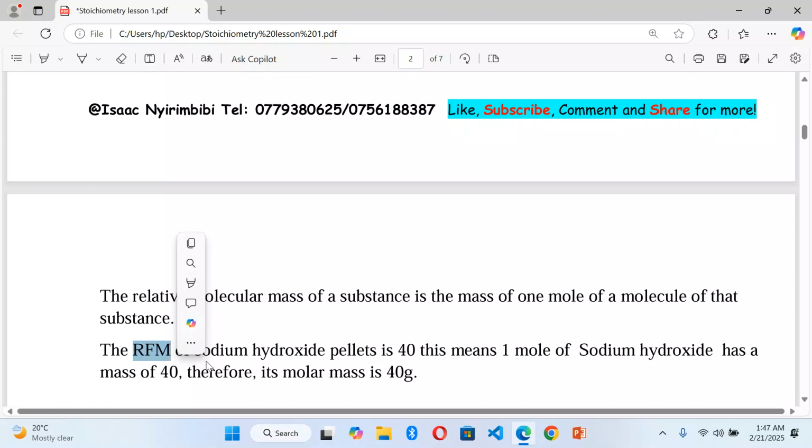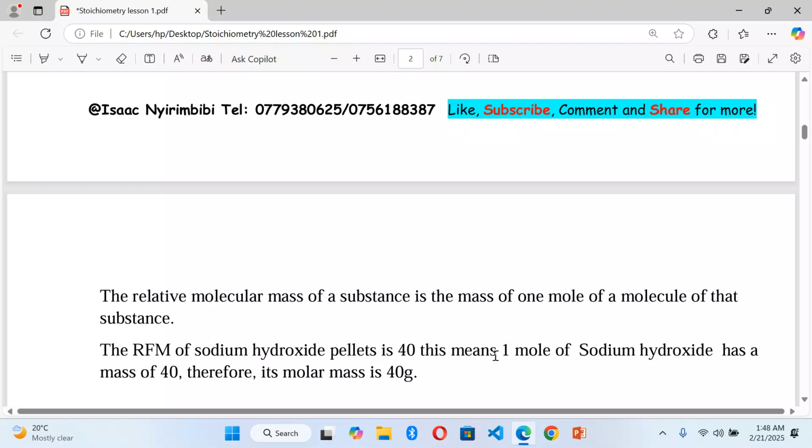In this case, looking at sodium hydroxide. Sodium is a metal, and these others are non-metals. Whenever we have such, we call that the relative formula mass. The relative formula mass of sodium hydroxide pellets is 40. We shall see how they got 40.